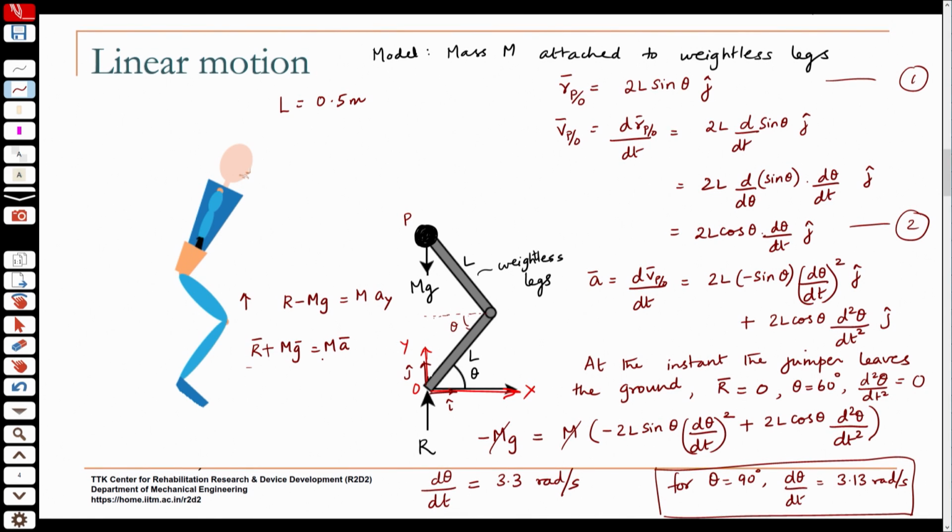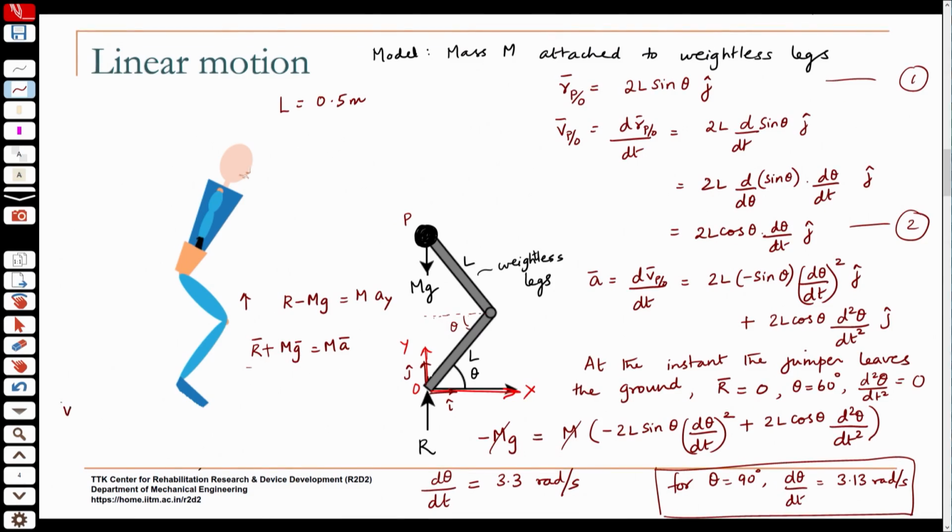This is the sum of all the external forces on the particle, r plus mg. So, I know the initial velocity, v at takeoff, and the acceleration is now just minus g.